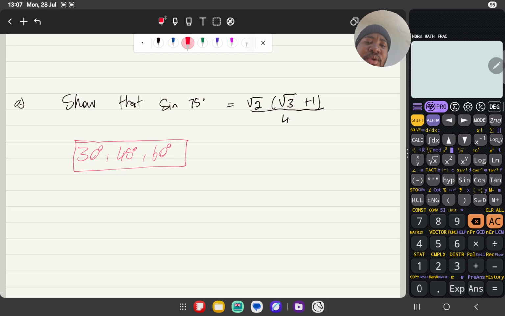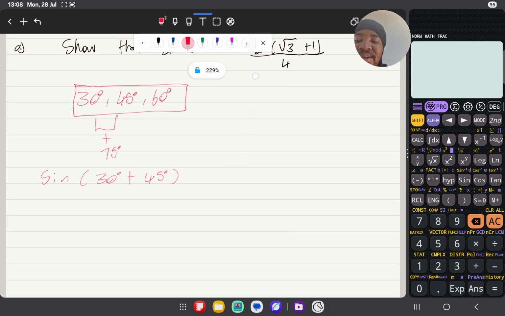Of course there is. If you add these two together, you get exactly 75 degrees. So you can say sine of 30 plus 45 degrees, and it doesn't really matter whether you start with sine 45 plus 30 degrees or sine 30 plus 45, like I did.